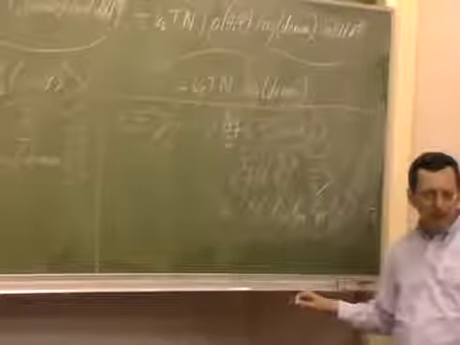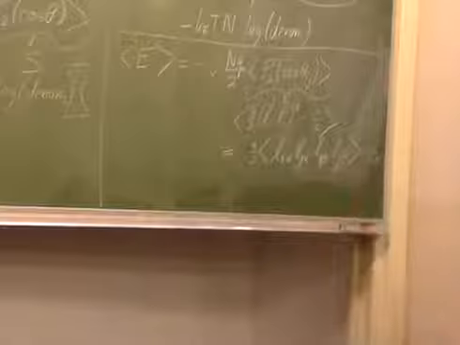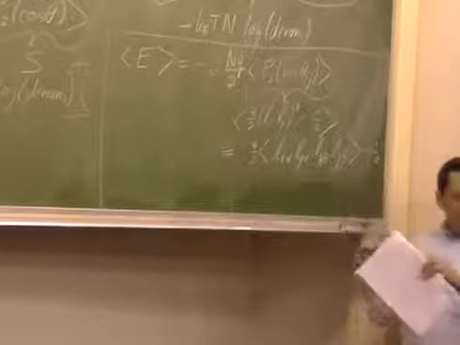Minus 1/2, okay? And now I've got an interaction between two neighboring sites, right? And now's the time when you worry. How do you calculate this average of two neighboring sites when one influences the fluctuations of the other one? Time to use mean field theory.